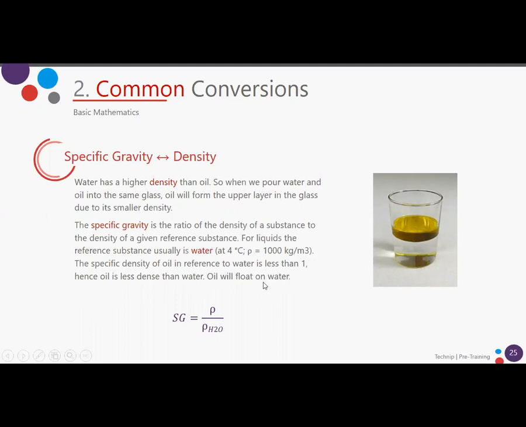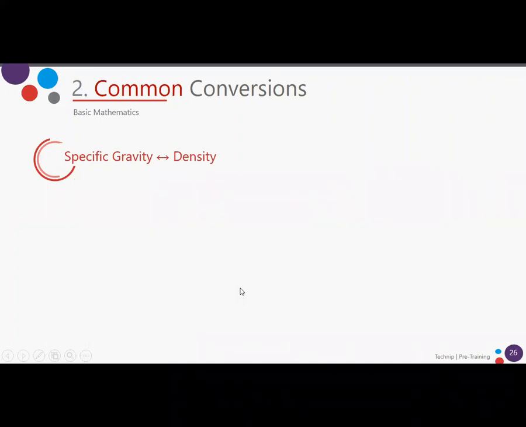And as we saw in the example before, the specific gravity of LNG is also less than 1, which also makes it less dense than water. And this is the formula. So the specific gravity is the density divided by the reference density, normally the density of water.